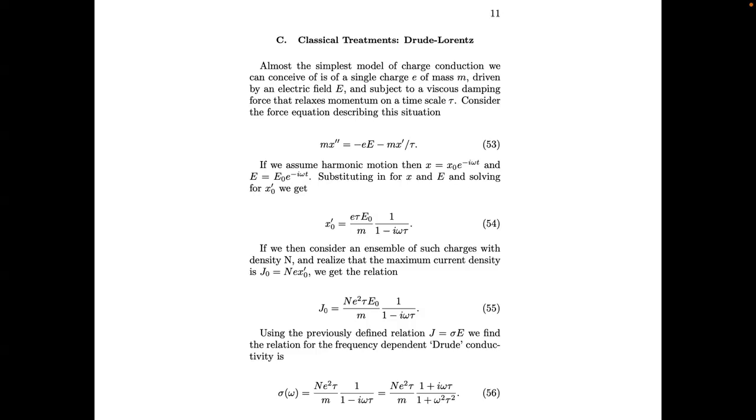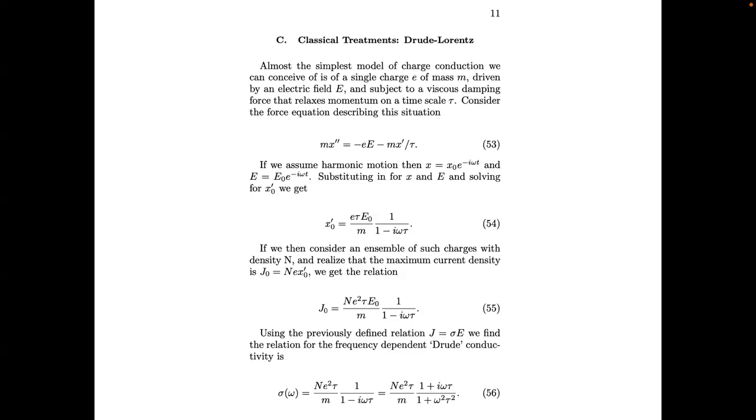The simplest assumption I can make, when I start thinking about the conductivity, is to use simple semi-classical models, which is basically just Newton's second law: how does the acceleration of charge behave in response to an applied force which comes from the electric field, and then a particular damping of the velocity which comes in with a characteristic time.